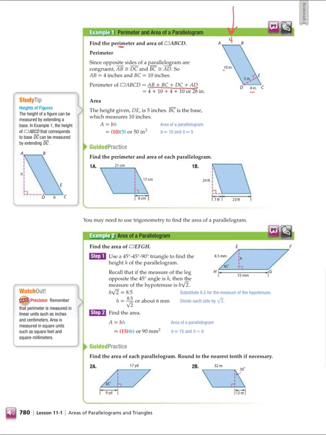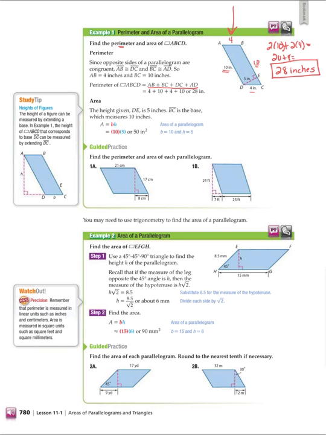And if AD is 10, then BC must be 10. In that case, we're going to have two 10s plus the two 4s to find our perimeter. So 20 plus 8. So we're going to have 28 inches, and yes, we need to label it. We need to label it correctly. We don't need to worry about asking if that's going to count off points. We're just going to do it right, correct?